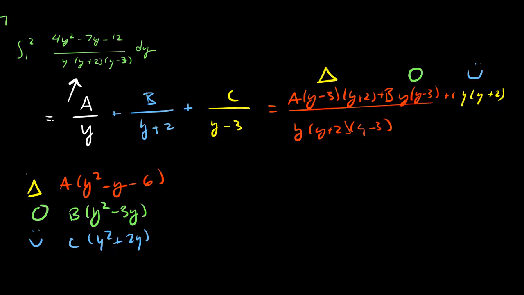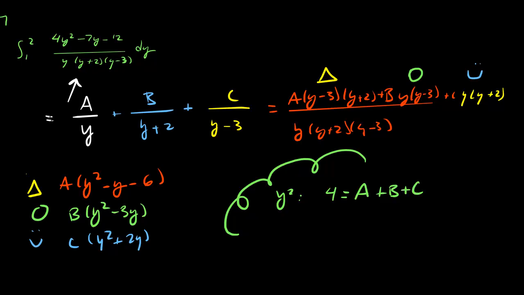So we'll track that. Now when we want to think about, for our partial fraction decomposition, what are our y squared terms? In my original, I have 4y squared, so I'm going to call it 4. In my guesses, I have A times y squared, so there's A plus B plus C. So all three of them show up. What's our y term?